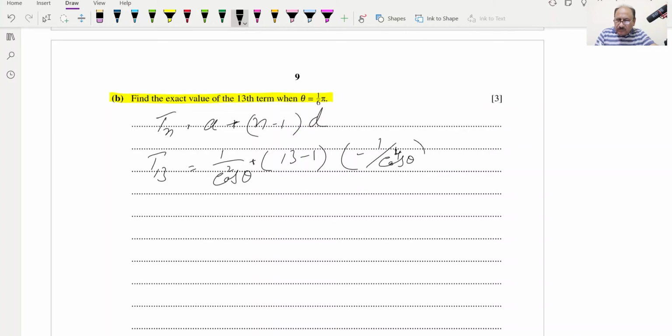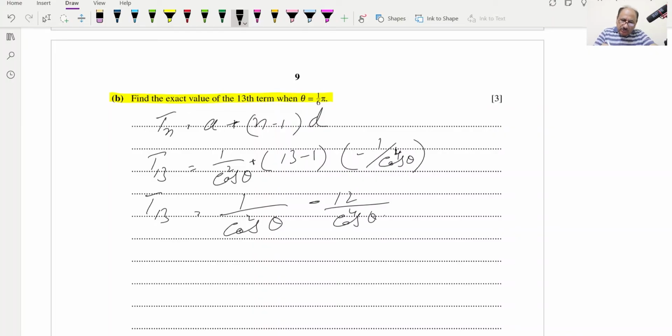So this is the d value. Now we can simplify and we can write t13 will be equal to 1 over cos square theta plus 12, not plus, this minus will make it minus again, so we'll write minus 12 over cos 4 theta.